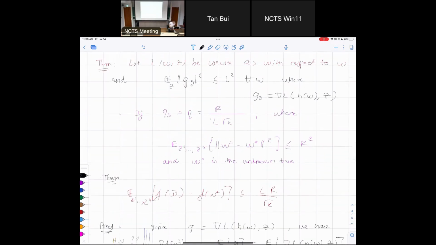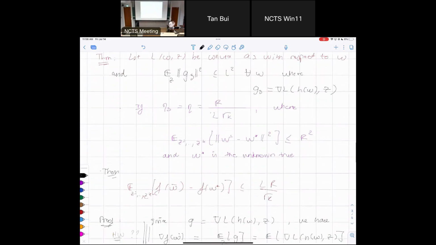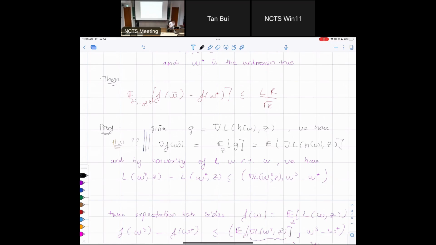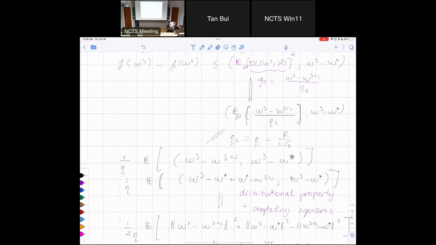Remember, actually, let me go back up to the gradient descent here. The gradient descent, every step we draw, right? Every step that we draw is G_S, right? And G_S is one of these random variables, right? So I have to put G_S there to make sure that we are talking about G_S now.